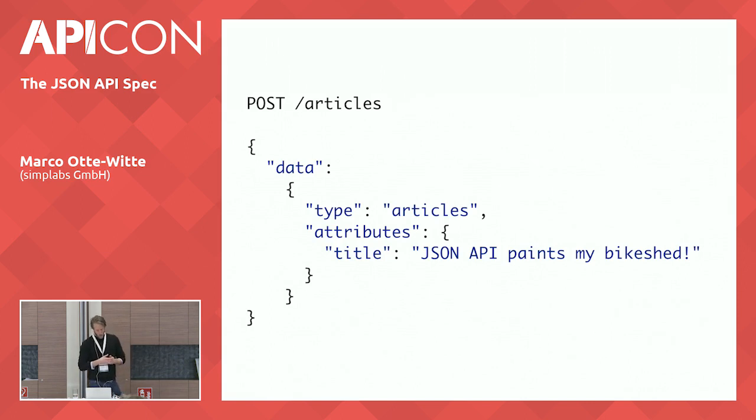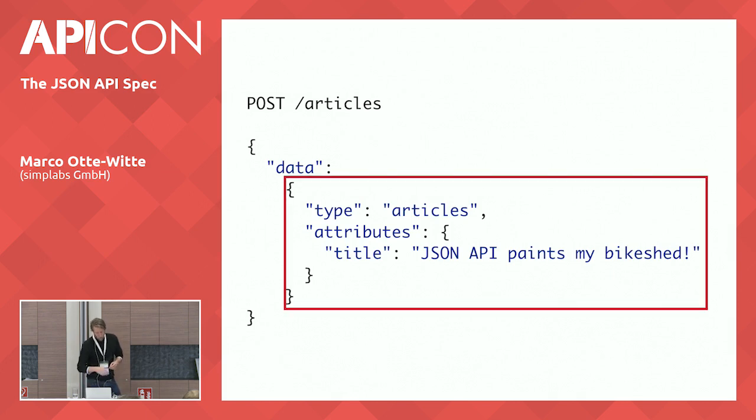And the request body looks the same as the response body that we saw in previous examples. So you have the data key to identify the primary request object, and that contains a resource object. The only difference is that we're leaving out the ID here, because normally that would be assigned by the server.